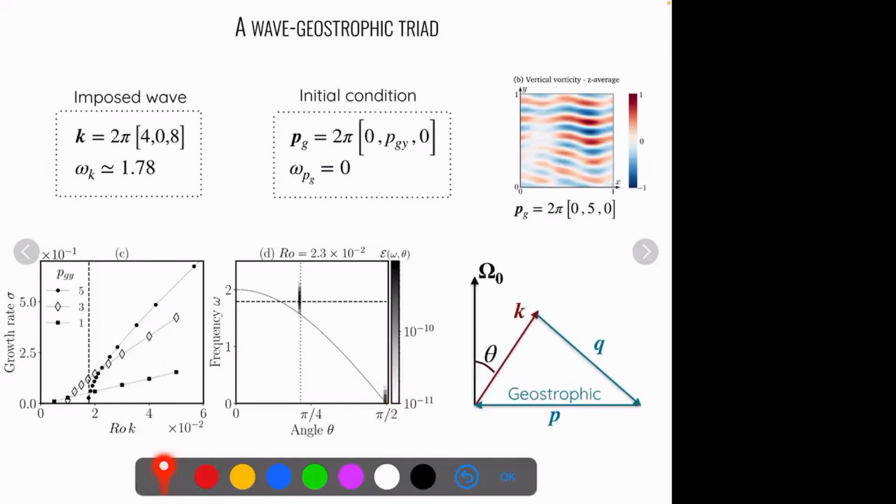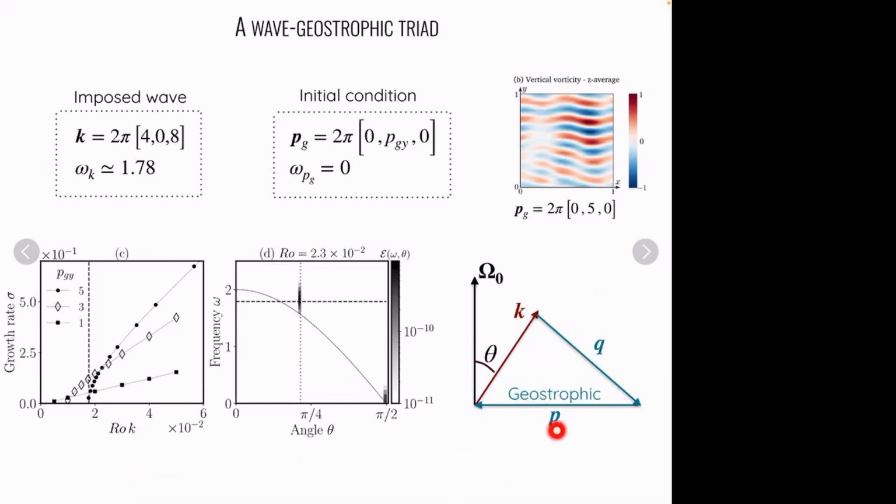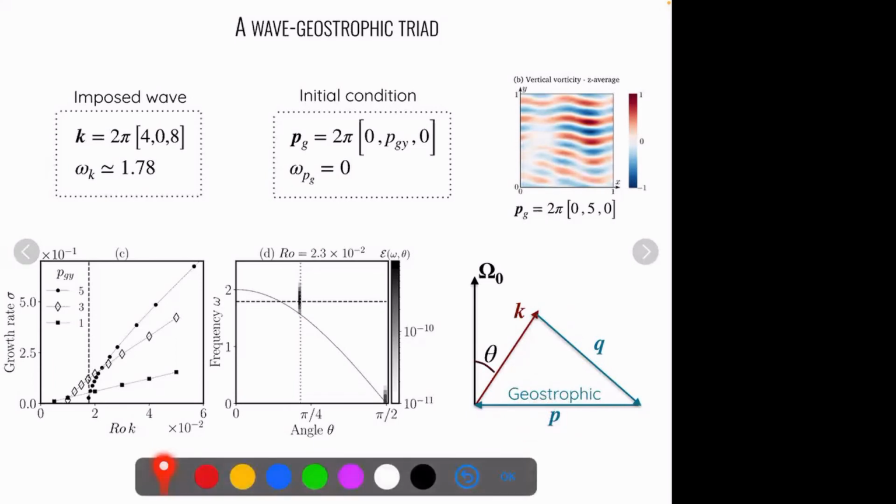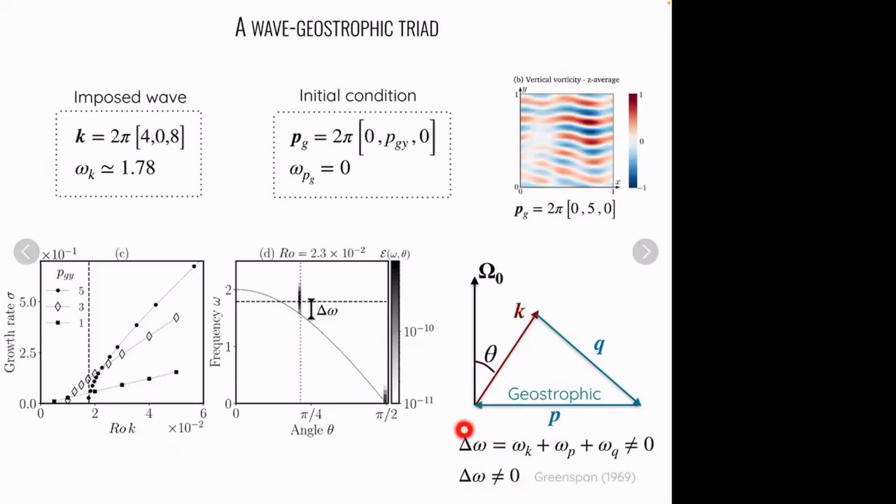And what you see here is in fact the signature of triadic interaction, because this spot of energy is exactly at the location that you expect for the mode Q that closes the triad between K and P, the geostrophic mode that we put as an initial condition. So we have triadic interaction, except that this time it's not a triadic resonant interaction, because this patch of energy is not centered on the dispersion relation.